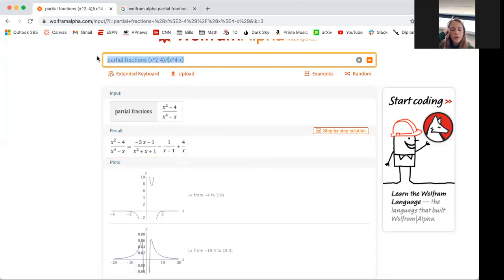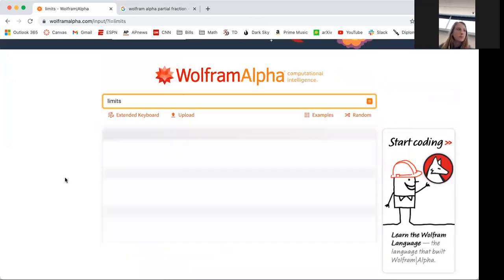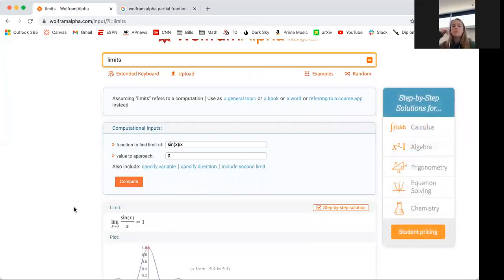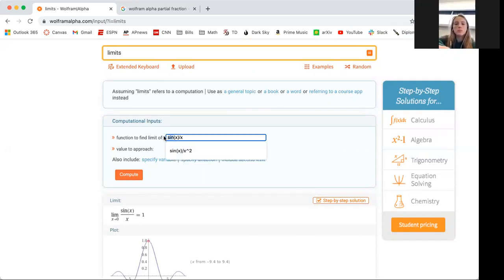So besides just doing a bunch of algebra, there's what kind of calculus can this do? And one place to search is if you just type in limits and see kind of what it says. So for some things, in this case, it offers up a particular input, which just says, here's a function, here's the value. It can do this limit.